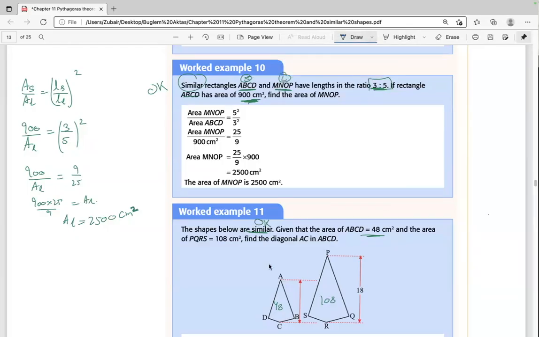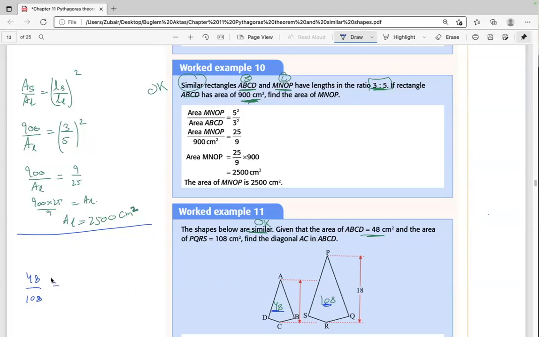So which formula will you use? For the kite, finding the area of the kite. Yeah, to find AC, areas are already known. 48 and 108 are the areas. So we can just do 48 over 108 is equal to AC over 18.